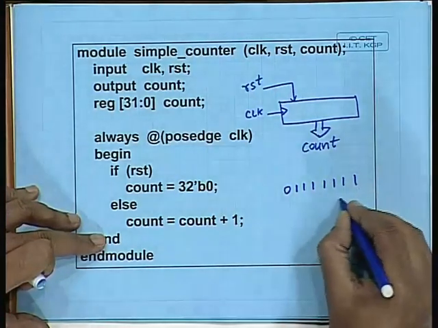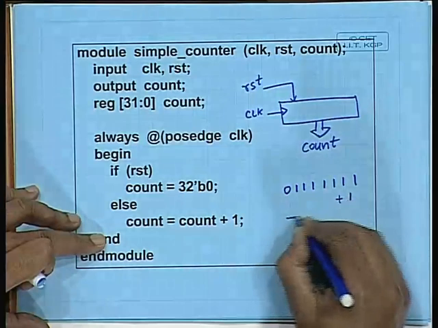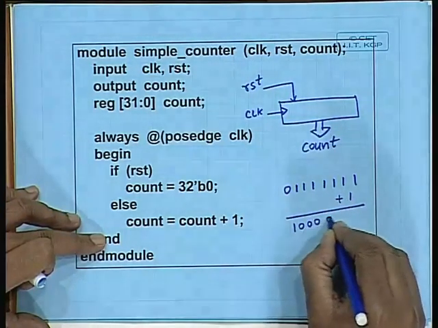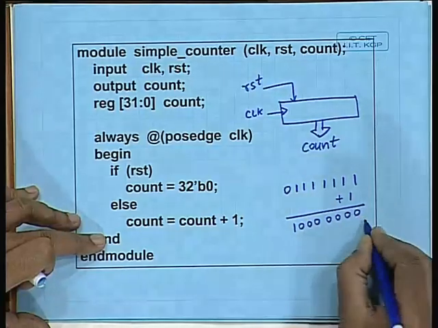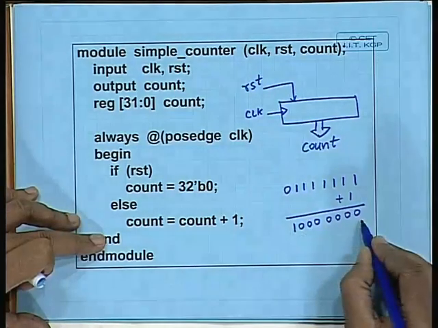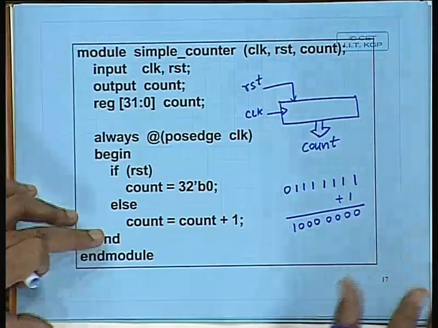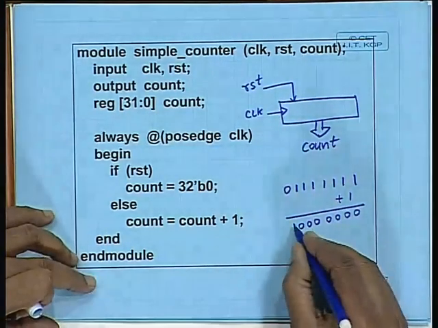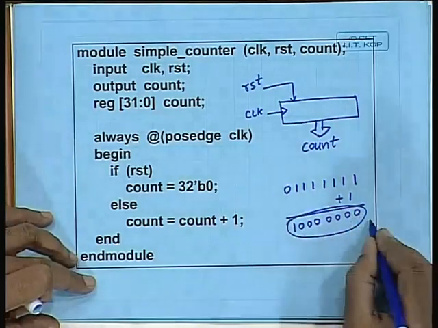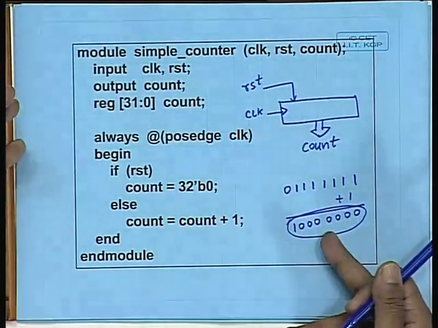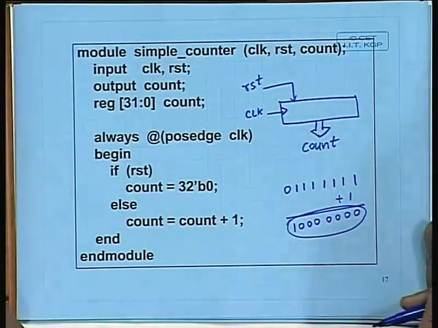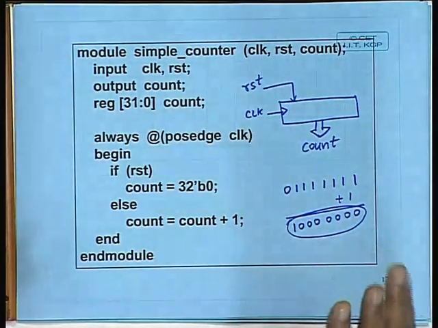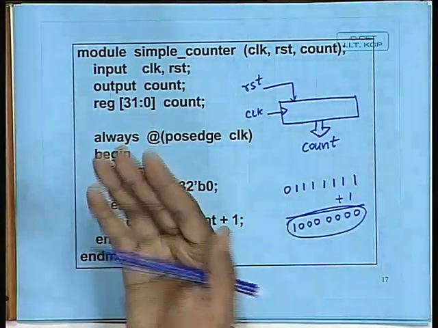After that, whenever you add 1, your count will be this. If you treat it as a 2's complement number, this will mean minus 128. But if it is a simple counter, you don't care what it means in 2's complement. More important to you is that the count value is this, which to you is equal to plus 128. So 1's complement, 2's complement is just a way of looking at it.